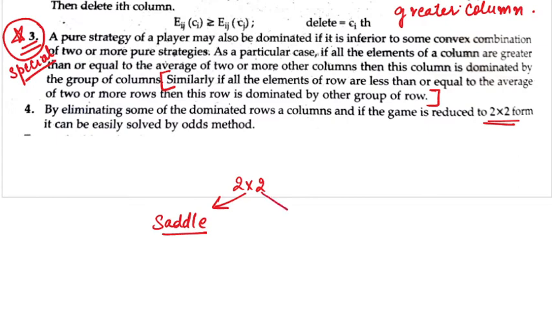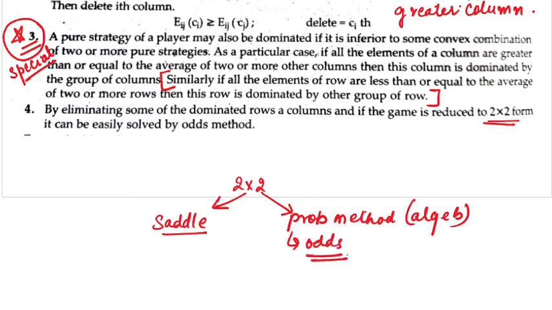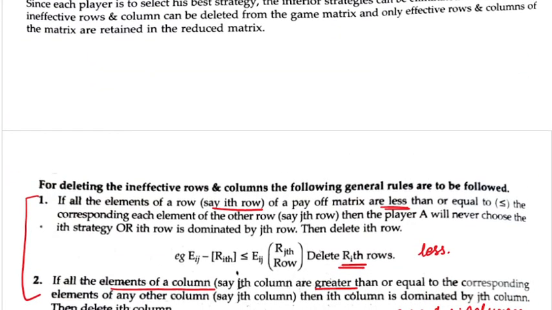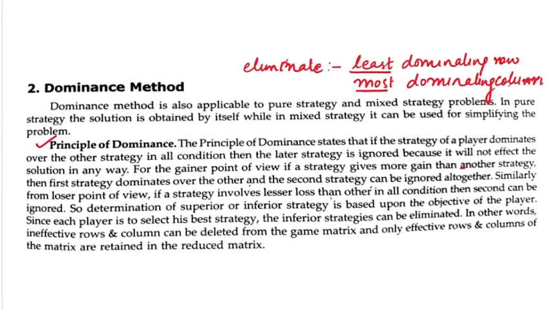If we are again not able to find the saddle point, then we can use the probability method, which is basically an algebraic method, or the odds method. The odds method is quite easy. I will tell you with the question only.